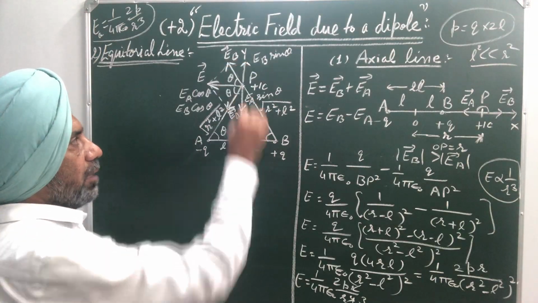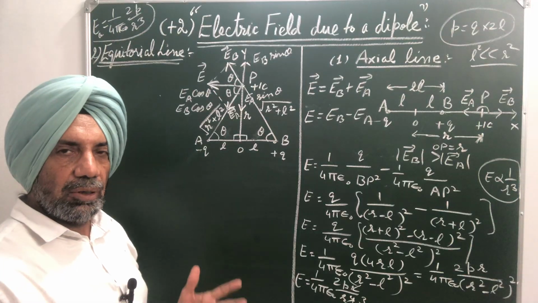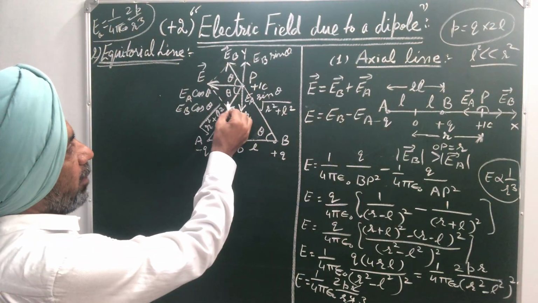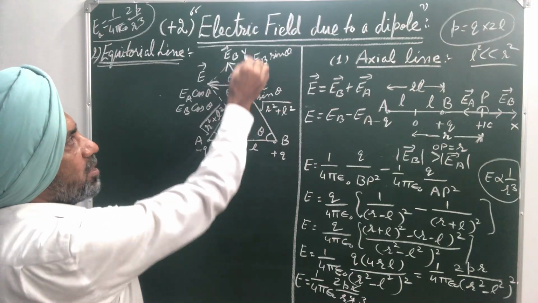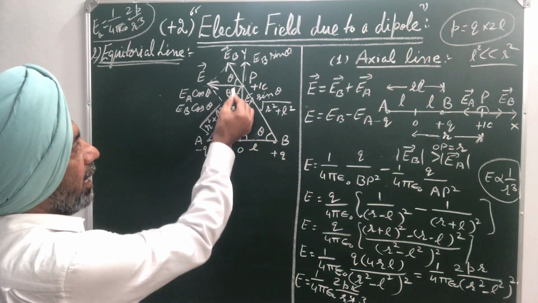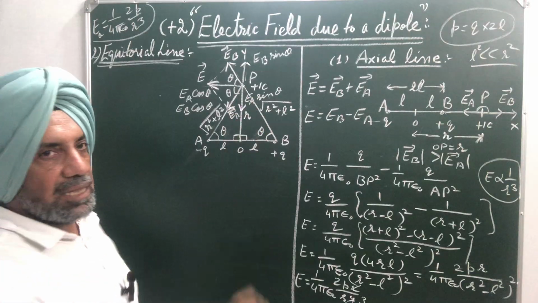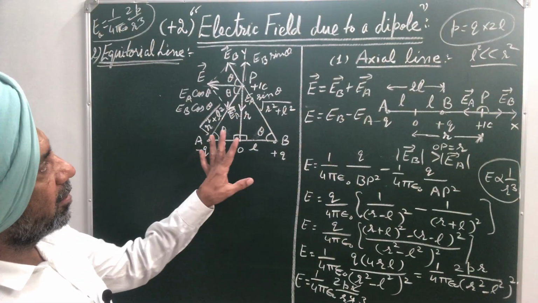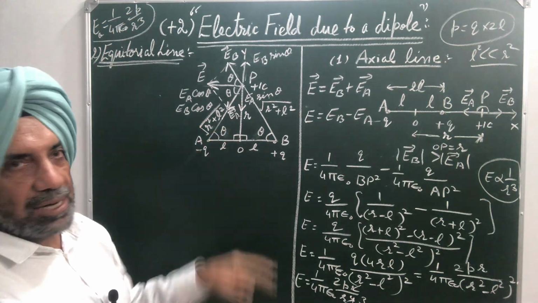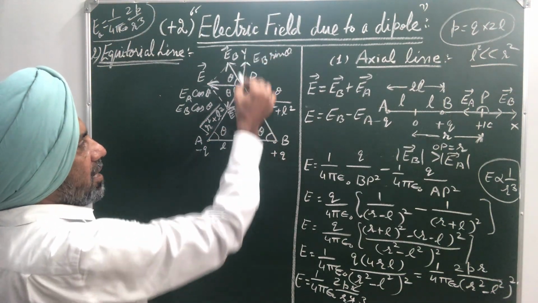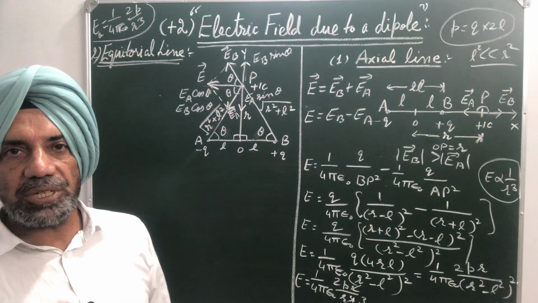Then EA and EB can be resolved into rectangular components. Now EB will be EB cos theta and EB sin theta. Similarly EA cos theta, EA sin theta. So from the figure, after resolving EB and EA into their rectangular components, we see EB sin theta and EA sin theta are equal and opposite.